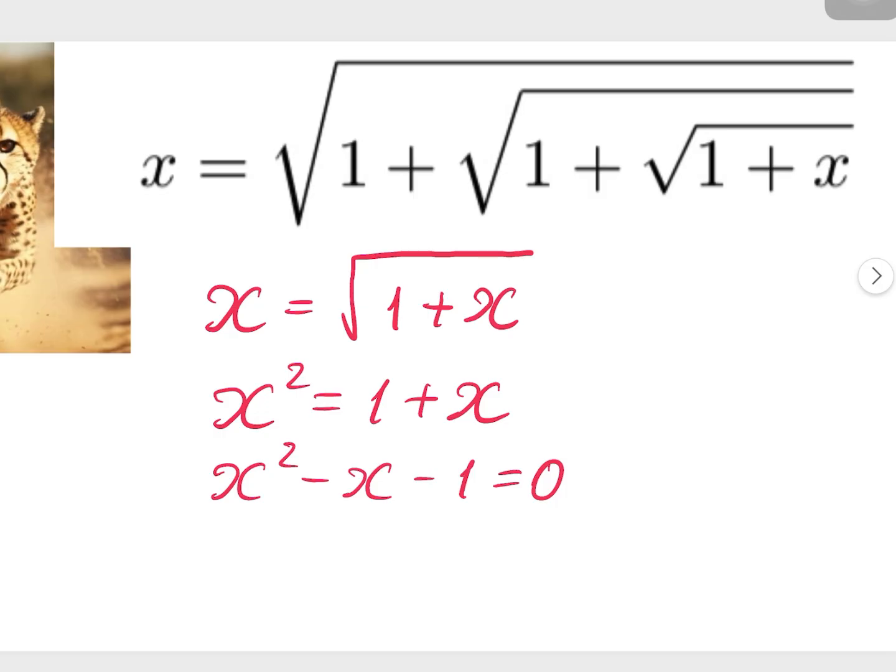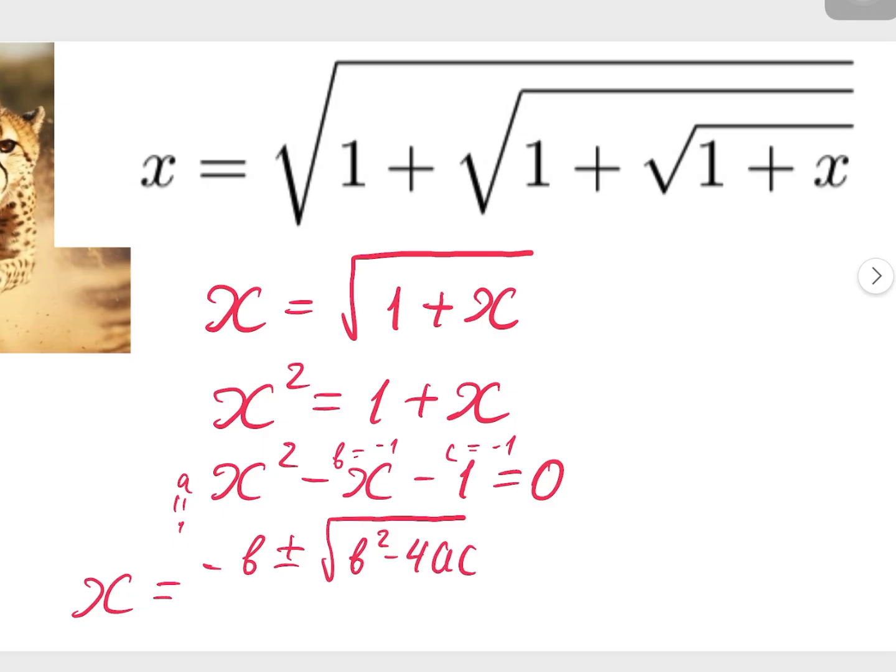So this is a standard quadratic equation, where we have coefficients a, b, and c, where a equals 1, b equals minus 1, c equals minus 1. So x equals minus b plus or minus square root of b squared minus 4ac, and we divide everything by 2a.